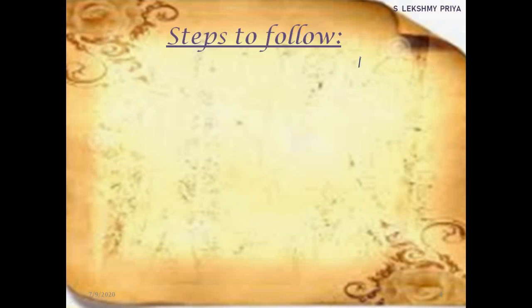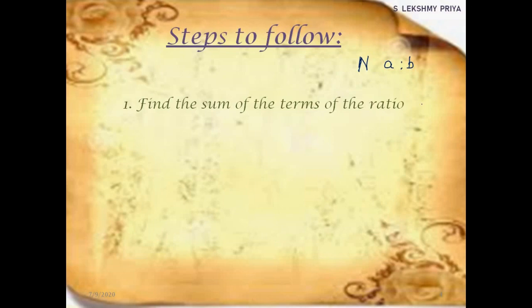Let the number be capital N, and we have to divide N in the ratio A is to B. First find the sum of the terms in the ratio. Here the terms are A and B. So we are going to find the sum A plus B.